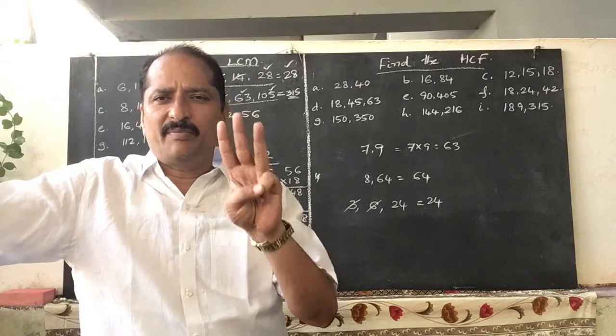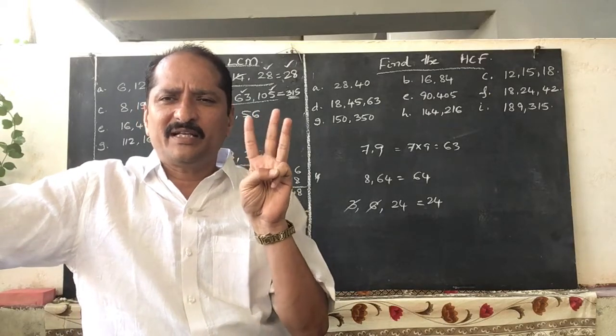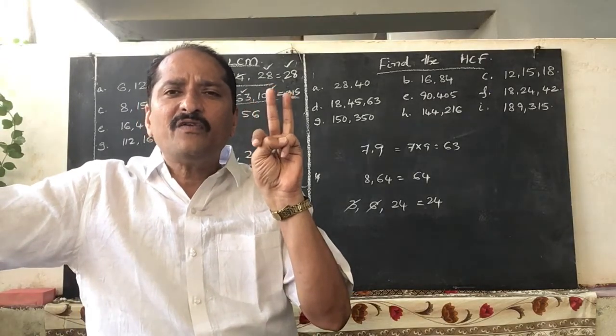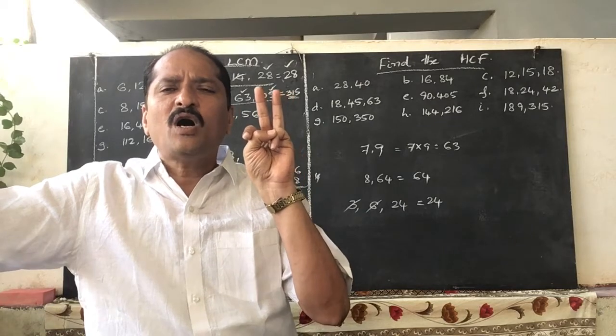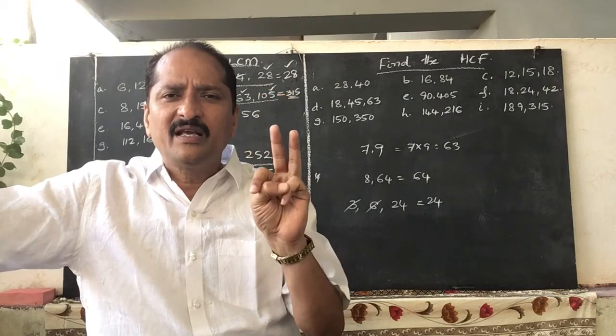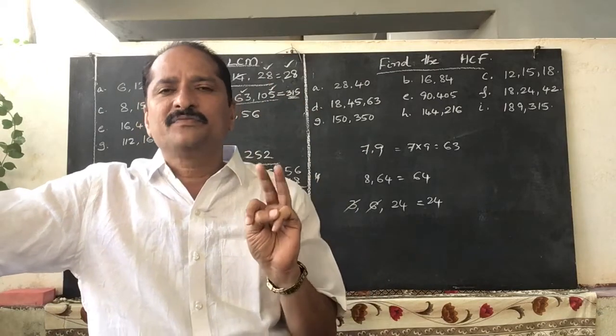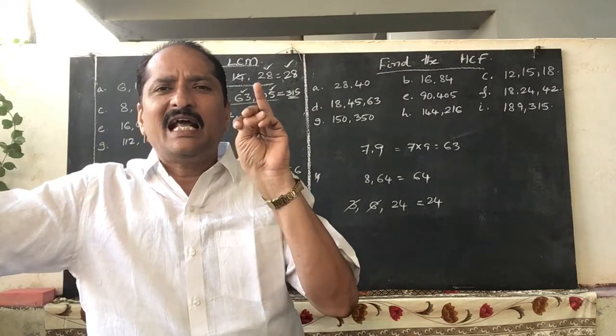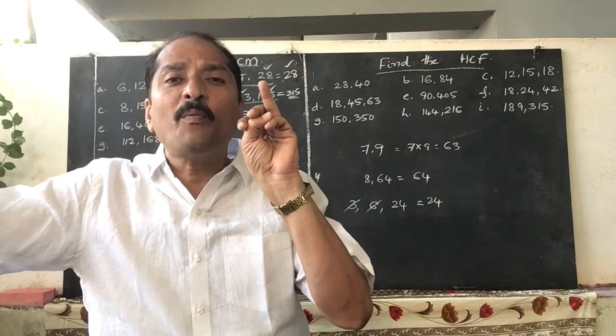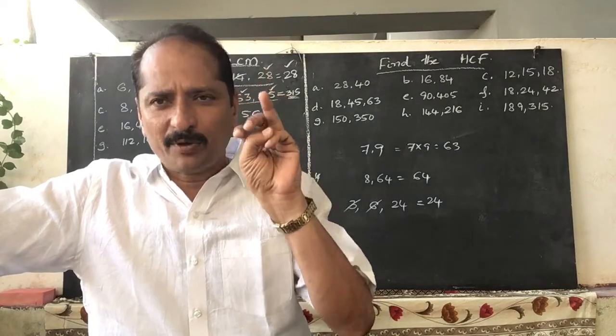So, remember these three properties. First property: the LCM of two or more numbers will be equal to or greater than the greatest number. Second property: the LCM of two or more co-prime numbers is their product.